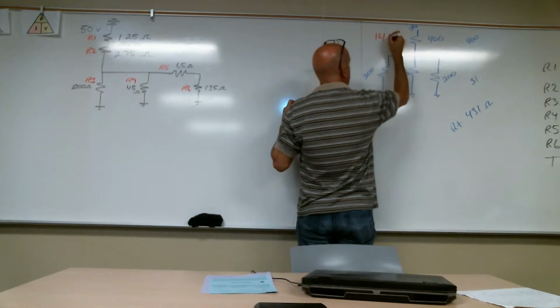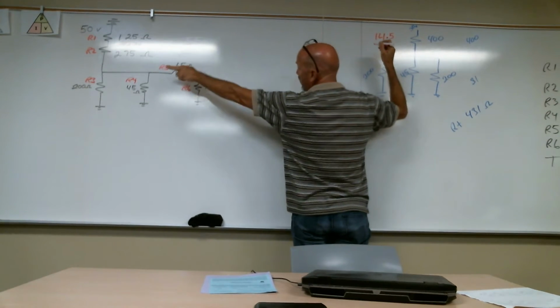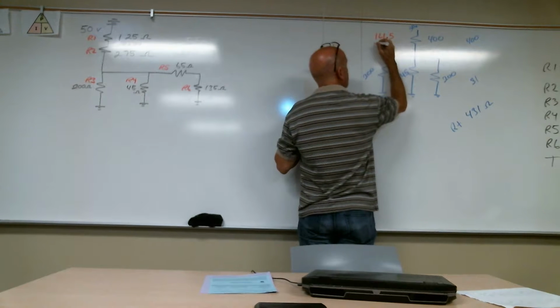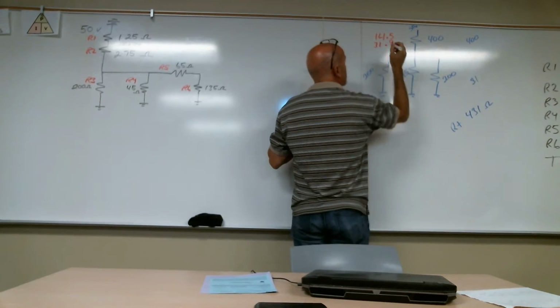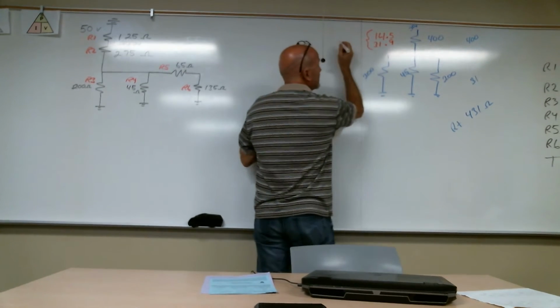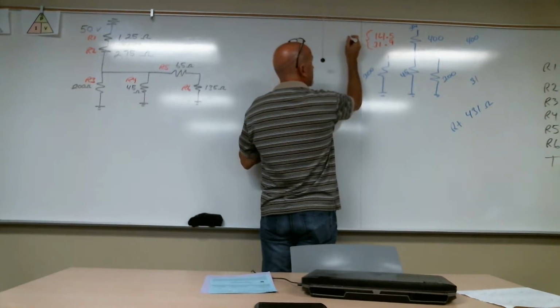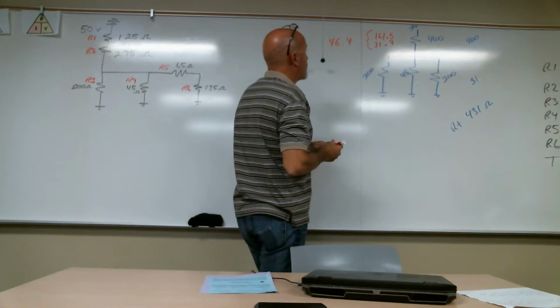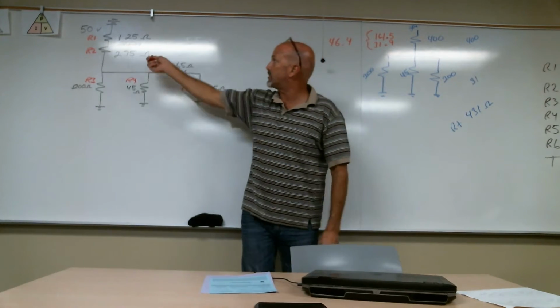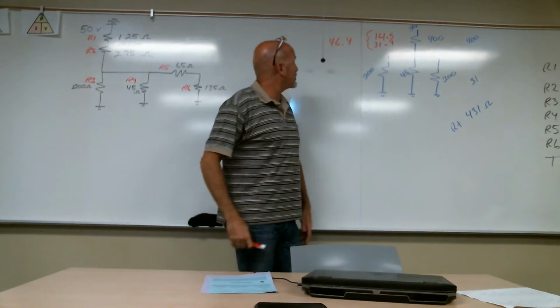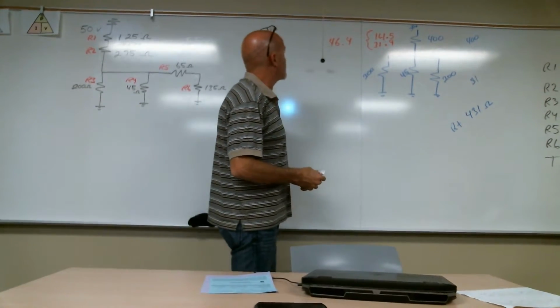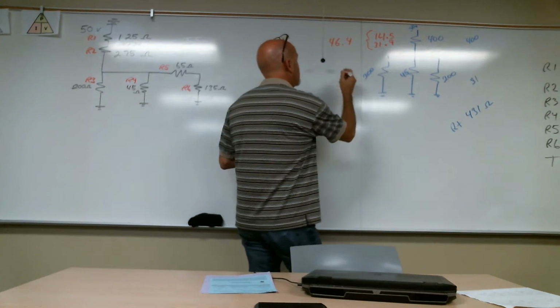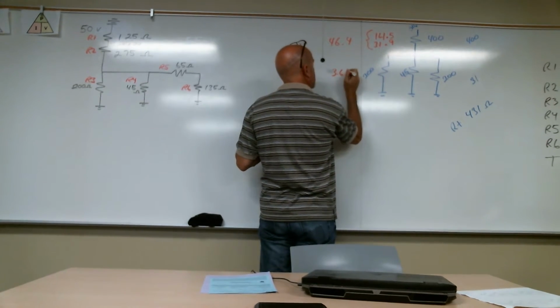The total is 46.4, and then R2 is 31.9. So 46.4 volts are dropped at the top, those two resistors. So we're losing most of it, and down at the bottom that gives us 3.6 volts.